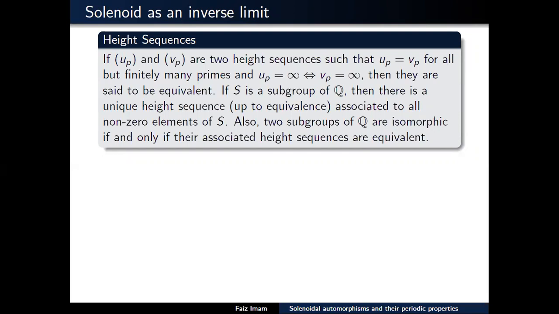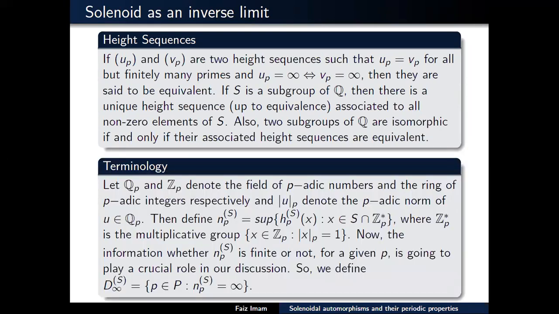So say I take Z with all the midpoints, Z and 1 by 2 Z, and I want to see if it is isomorphic with some other group. You can just calculate the height sequence and find out if they are equivalent. So this is the characterization for the one-dimensional case, given using the height sequence.